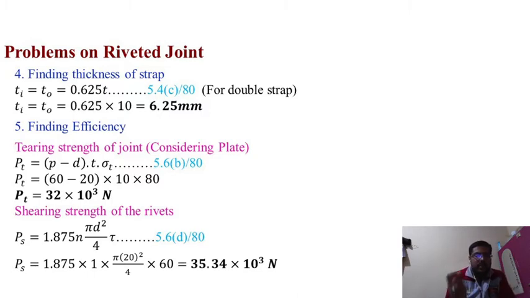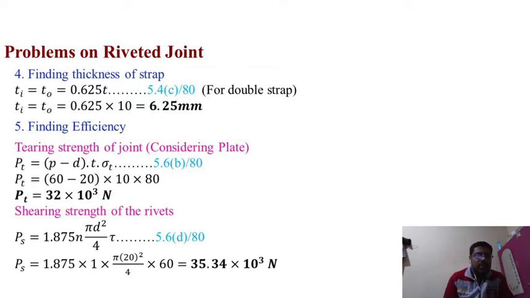Substitute the available values. P of T is equal to 60 minus 20 into 10 into 80. Therefore, P of T is equal to 32 into 10 raised to 3 newtons. This is the tearing strength value.